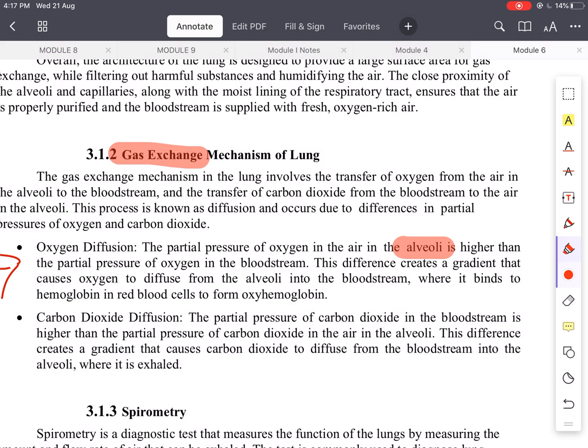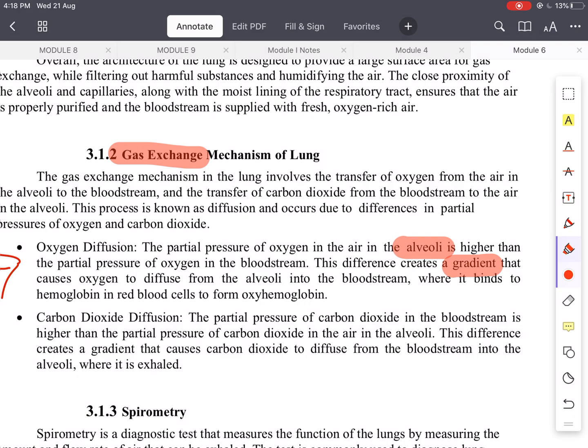The gradient of oxygen in air is greater than the gradient in the bloodstream. According to our basic knowledge of physics, molecules flow from a higher gradient area to a lower gradient area. That means the oxygen diffuses from air to the bloodstream. This is called oxygen diffusion.